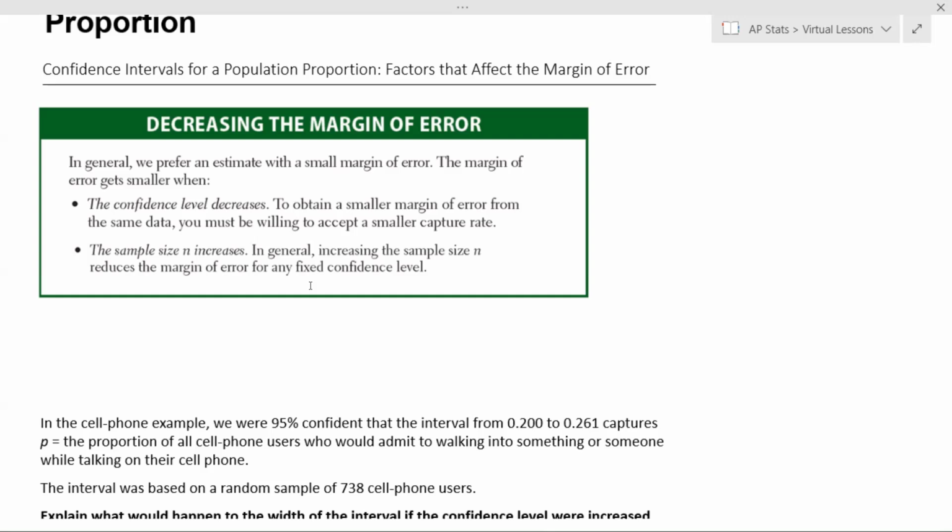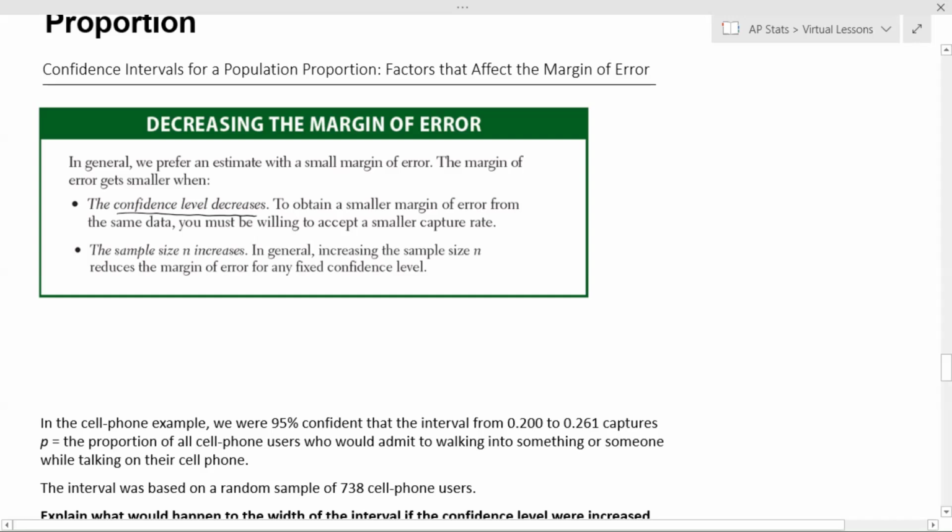And so here's how we decrease the margin of error. In general, the margin of error gets smaller when the confidence level decreases. So you're going to have to be willing to accept a smaller capture rate. So instead of a 99%, maybe you go with a 95 or a 90 or an 80% confidence interval. But then you lose a level of confidence.